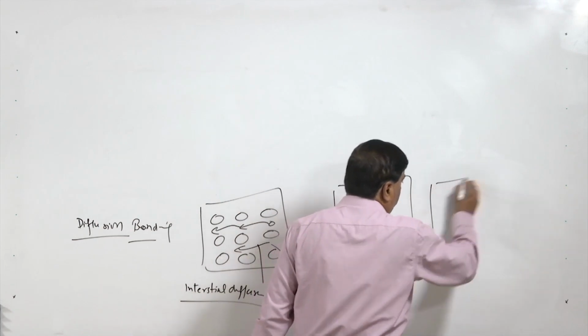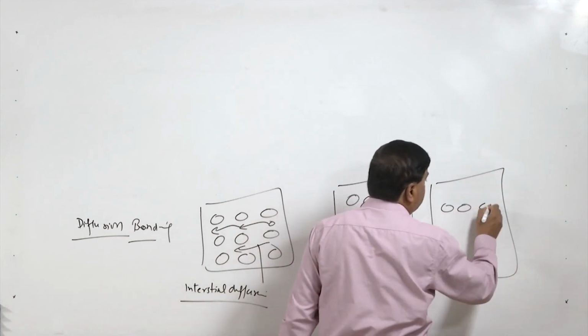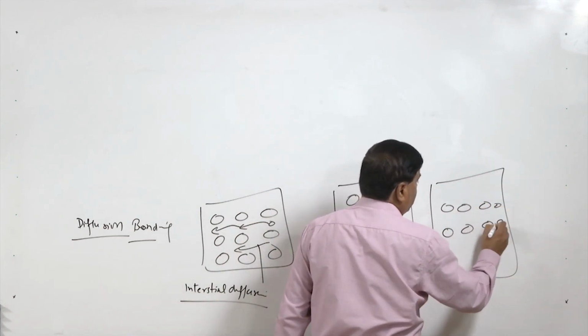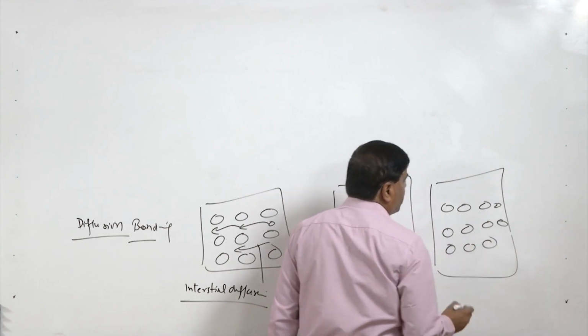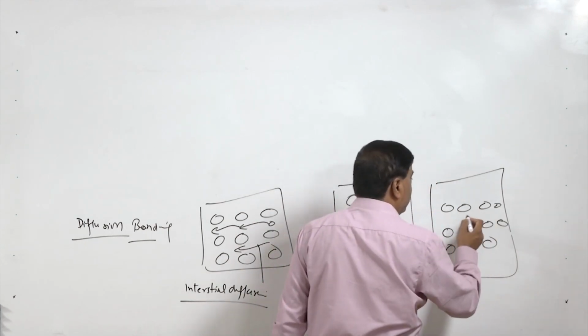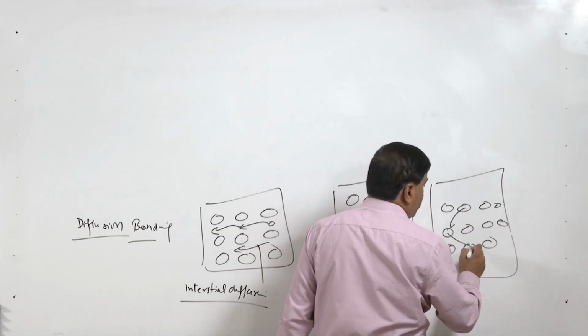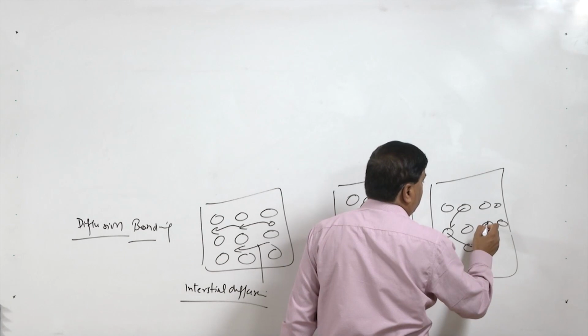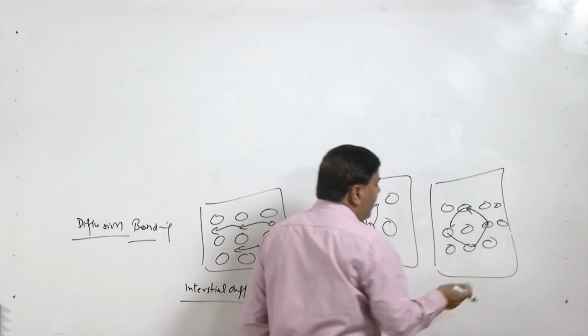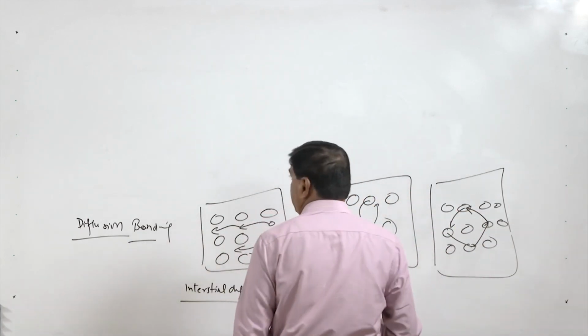In another case, in a regular arrangement of the atoms, they change their position in a particular fashion: this atom moves here, this atom moves here, and this atom goes here, so a ring kind of thing is formed.